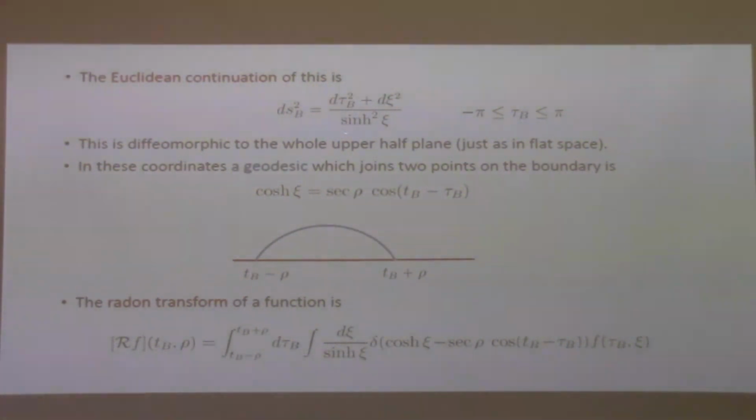And you might ask, does a Radon transformation actually take you between the correct eigenfunctions of these two metrics? So I've just written down the form of the Radon transformation in these coordinates. It's the same space, the upper half plane, in these coordinates.